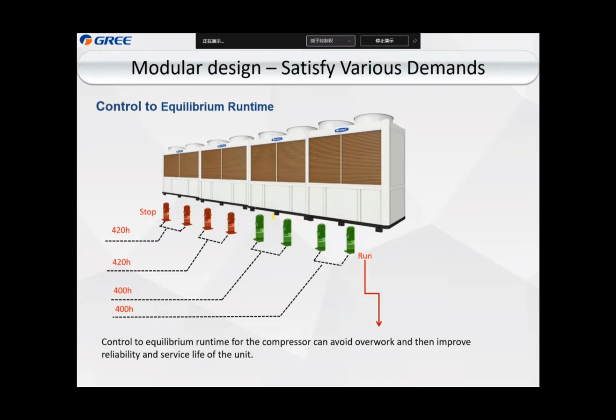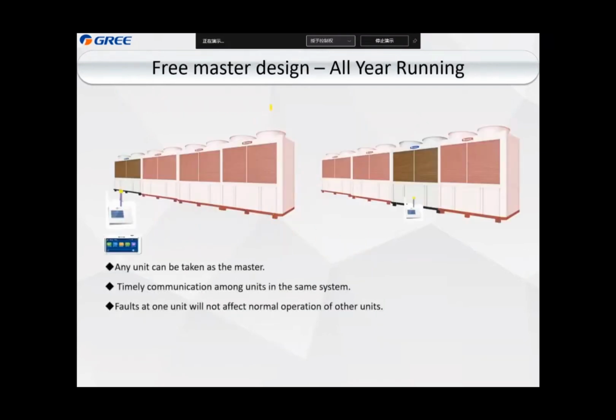And next is the free master design. Due to this design, we can realize all year running. In the modular system, if one module is broken, and this module is the master, under this condition we can change any other one as the new master. We just pull out the controller and then connect the new master on the main board, and then it can work normally.